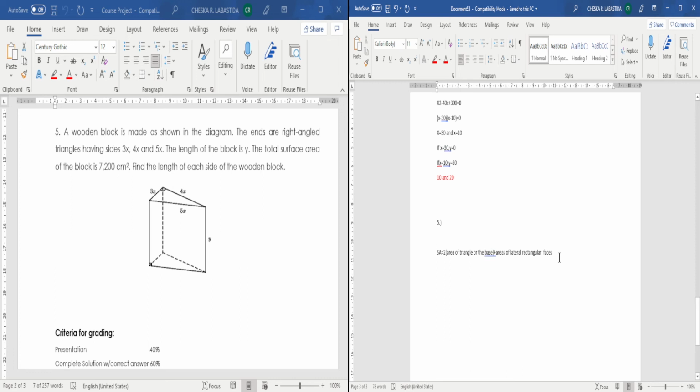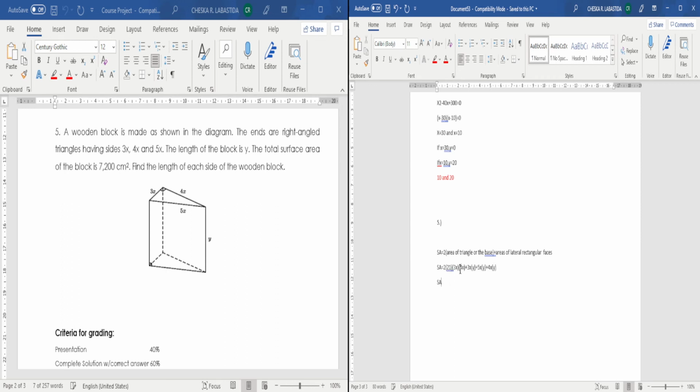So now let's go ahead and compute that. SA equals 2 times 1/2 times 3x times 4x, plus 3x times y, plus 5x times y, plus 4x times y.